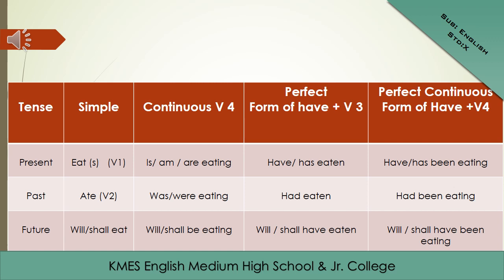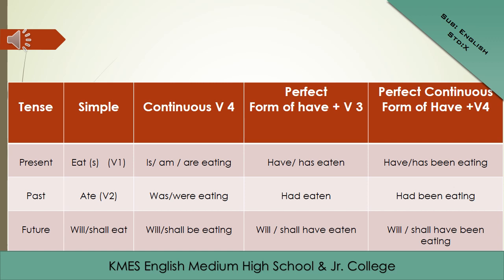Now if it is simple tense, whether simple present, simple past, or simple future, for simple present we'll be using the first form of the verb, that is eat plus s according to our subject. Next what we have is past tense. So eat will become ate, that is, the first form of the verb is changed to the second form of the verb. And next what we have is future tense.